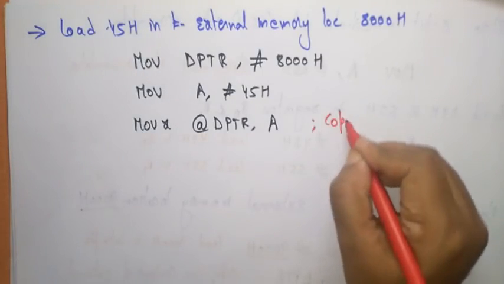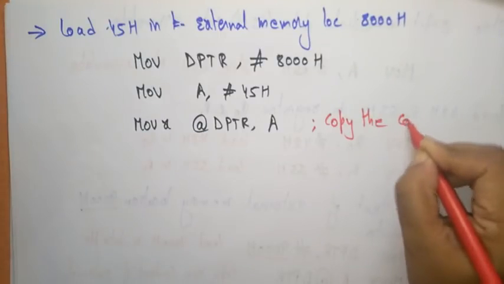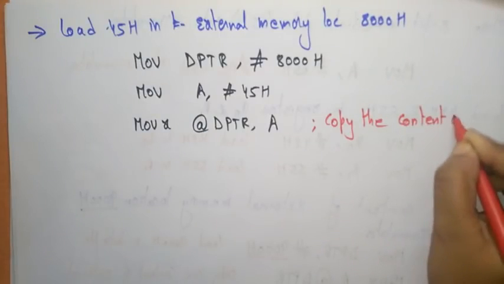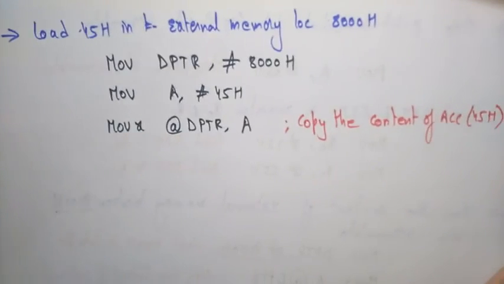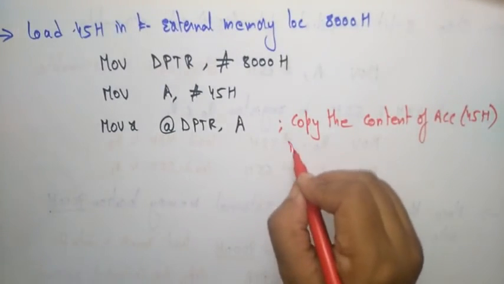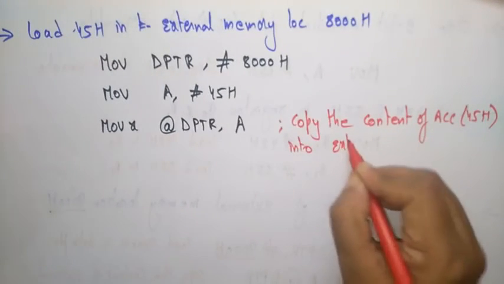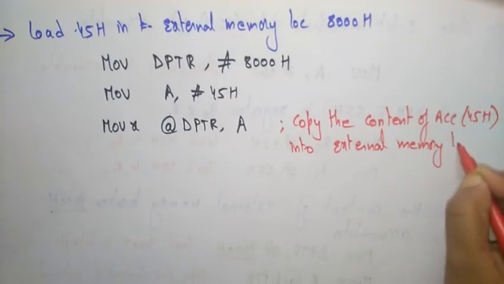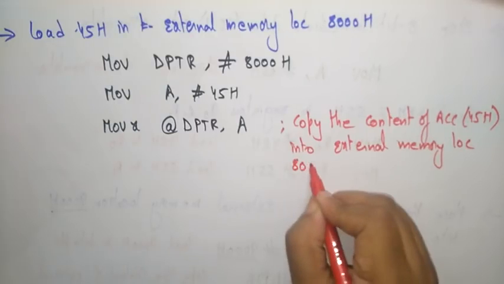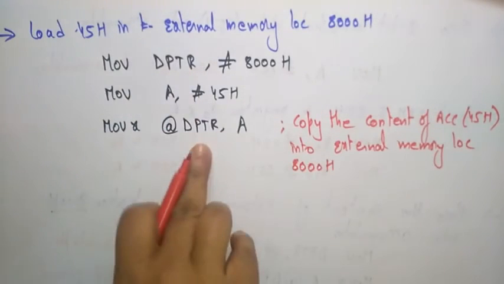So here we copy only the content of the accumulator, that is 45H, into external memory location 8000H. DPTR contains 8000.